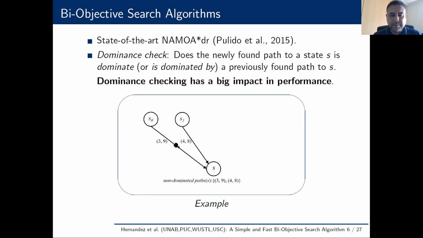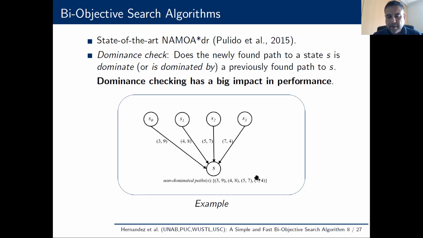To be sure that this path is not dominated, the algorithm needs to compare this solution with all previous solutions found. 4, 8 is not dominated by 3, 9. When 7, 5 arrives, it is not dominated by 3, 9, and not dominated by 4, 8.